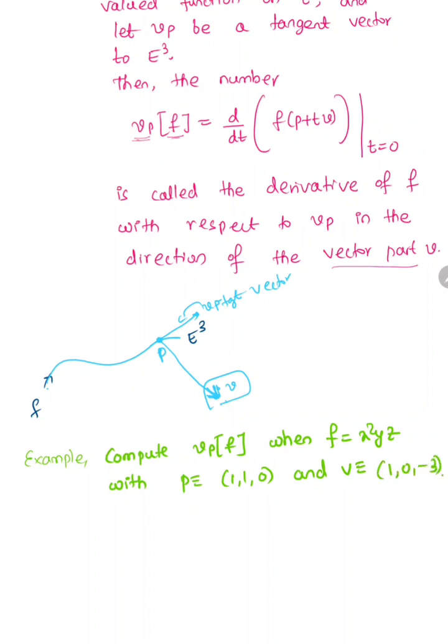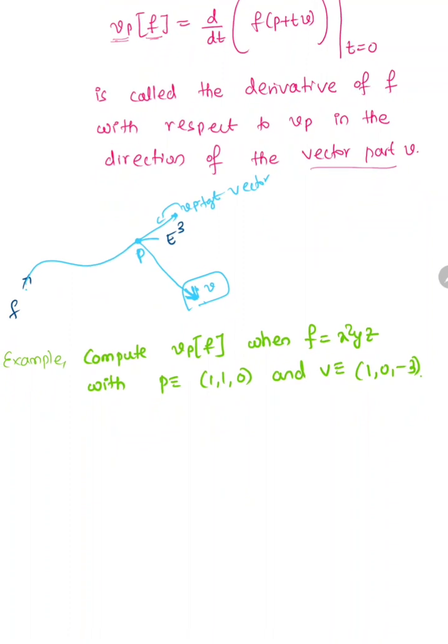So now let's use the formal definition of the directional derivative and find Vp of f. Since Vp of f is equal to differentiating with respect to t the function f of p plus tv at t equal to 0.